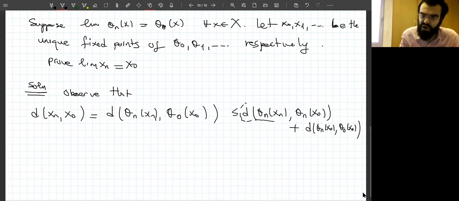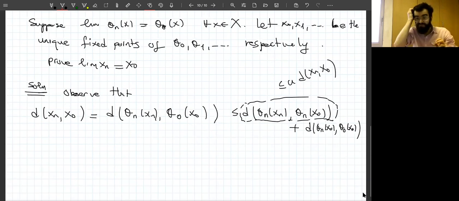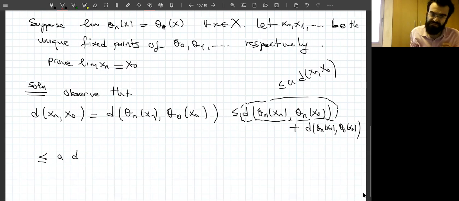But the first term is at most a d of xn, x0, by the property given in the question.